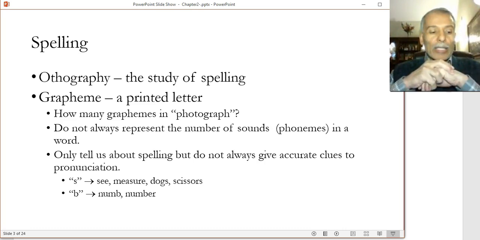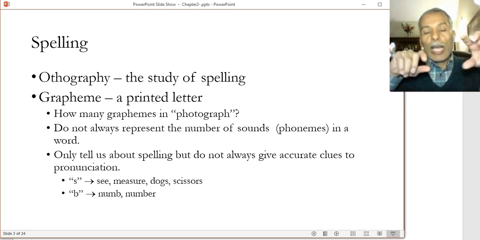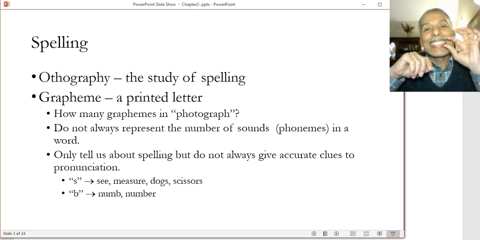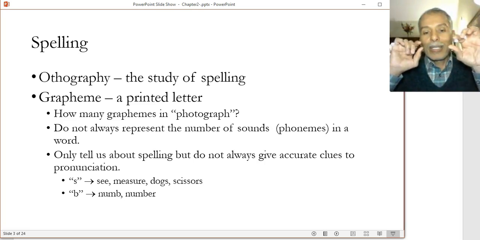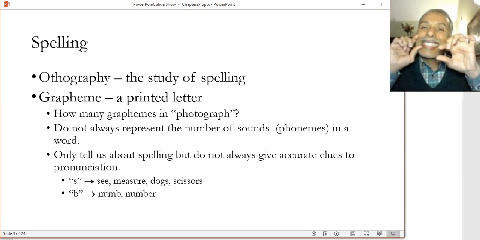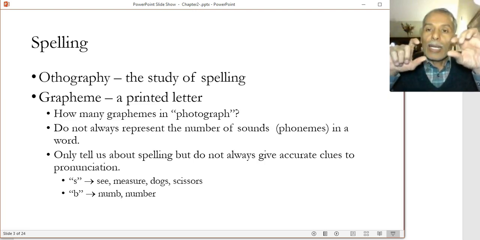But the fact is, because we have fewer letters than phonemes, we have to use some of these letters in different ways. So the S letter, you can say it as s, or you can say it as z. These are 2 different phonemes. Yet again, you use a single letter to make them.